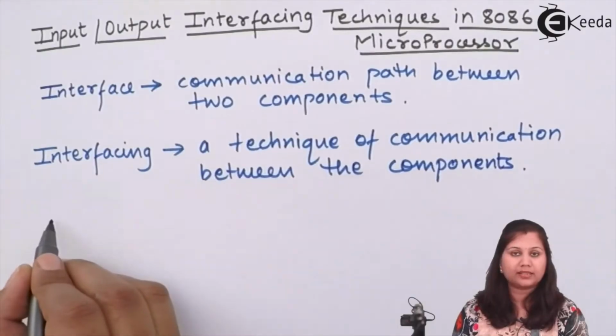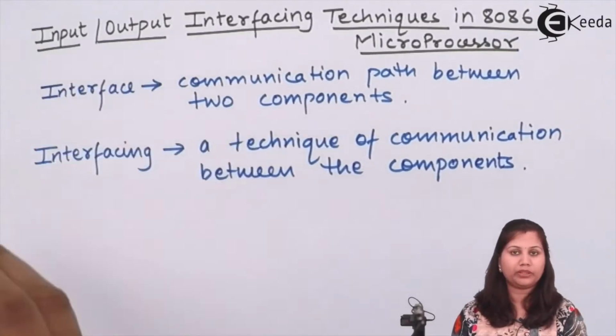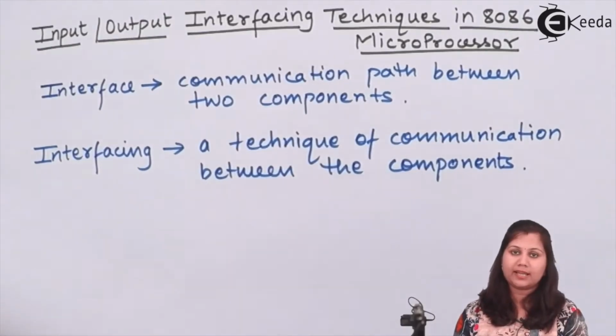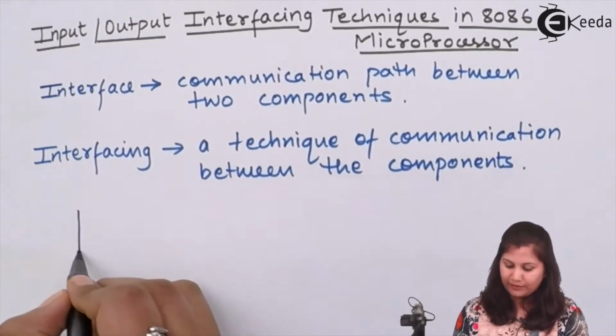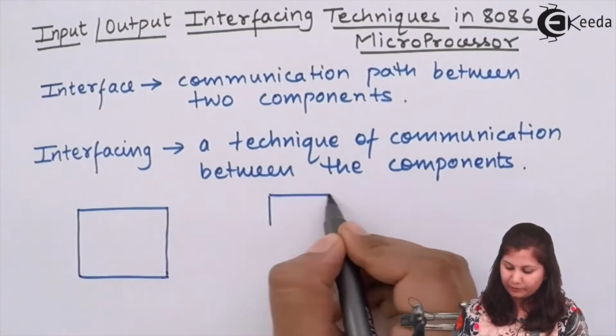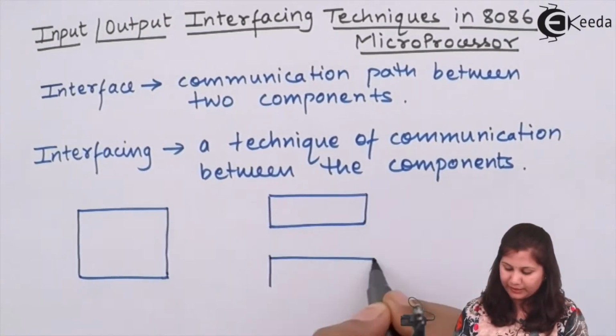So here we will study how the input output devices are interfaced with the 8086 microprocessor. So suppose this is our microprocessor, we have input and output devices.